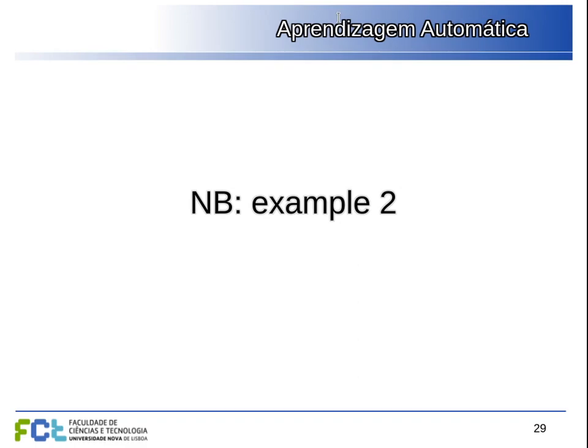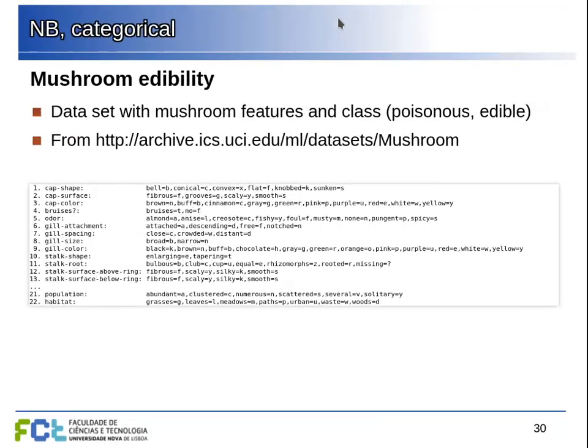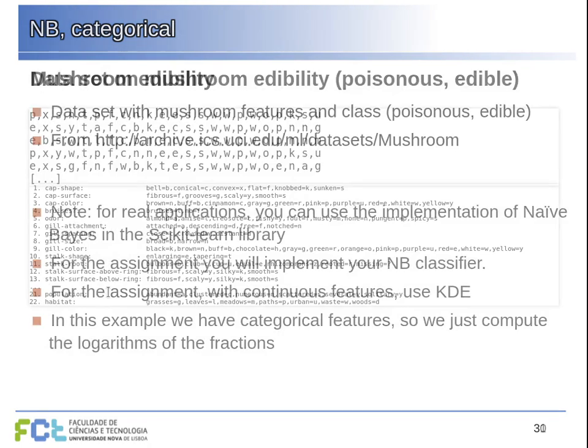So let's see another example with discrete values. This is a database of characteristics of mushrooms, and we have the mushrooms classified in two categories, poisonous and edible. And then we have features for the cap shape, the cap surface, the color, and so forth. And these features have these codes.